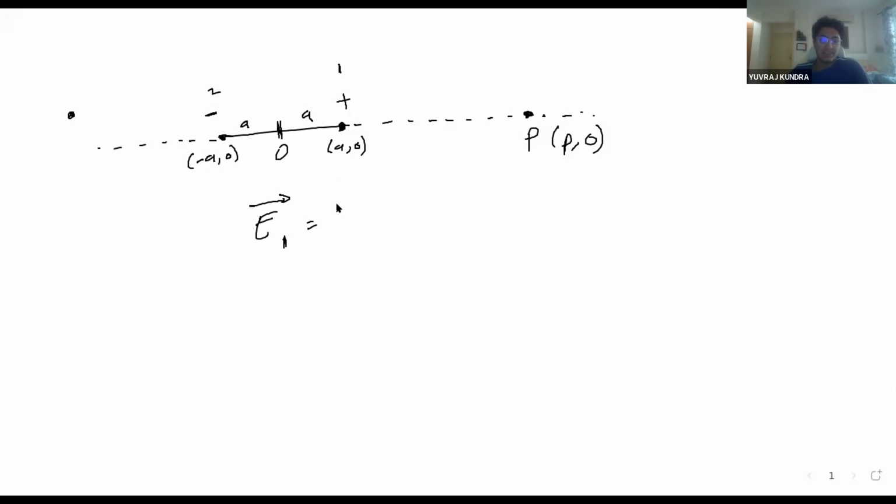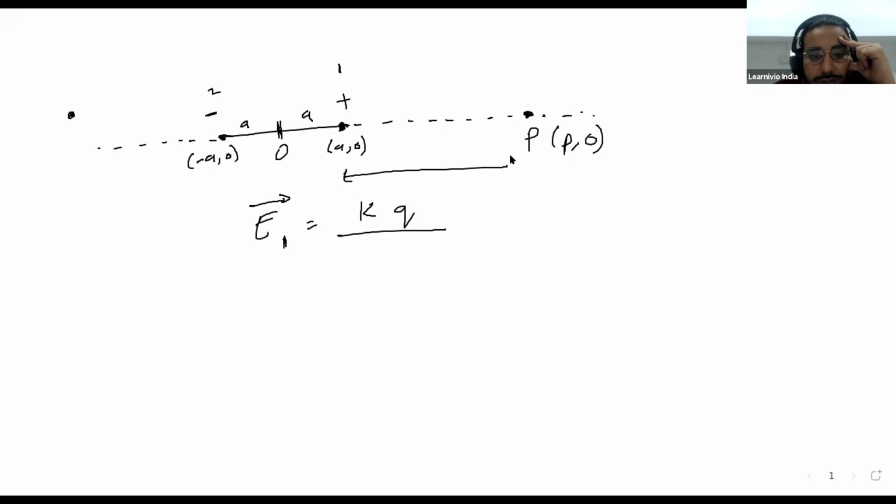See, electric field is just the force divided by the unit charge, right? So what is the force that will act because of this charge from here to here? Well, it will just be K times the charge, which is plus Q over R squared, right? The distance between here to here.